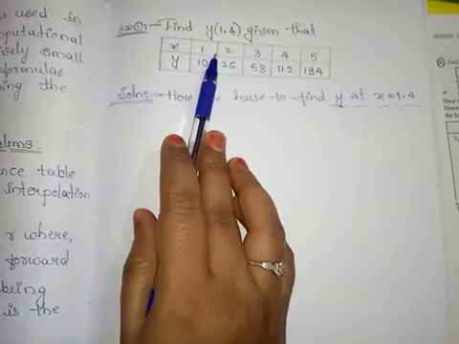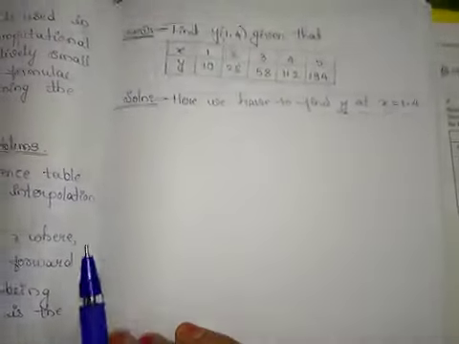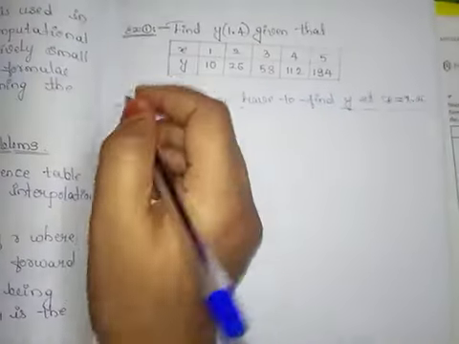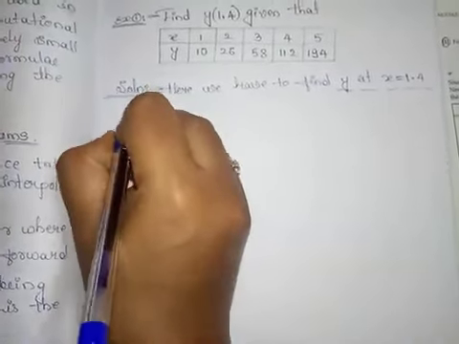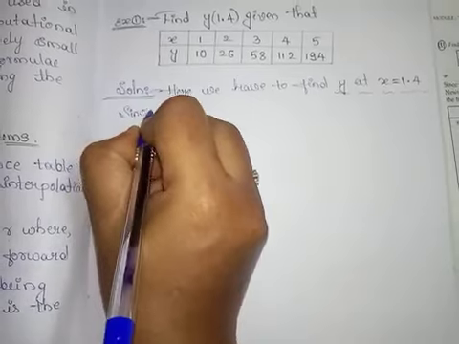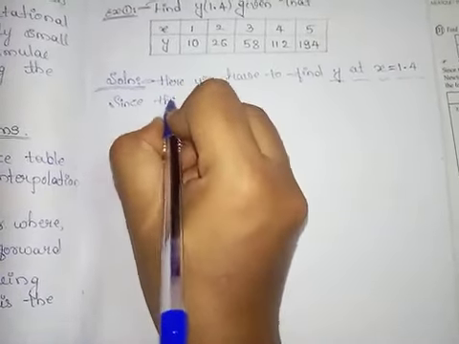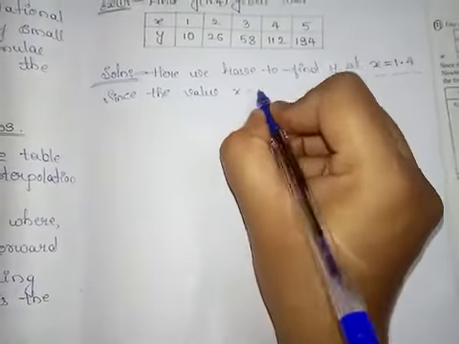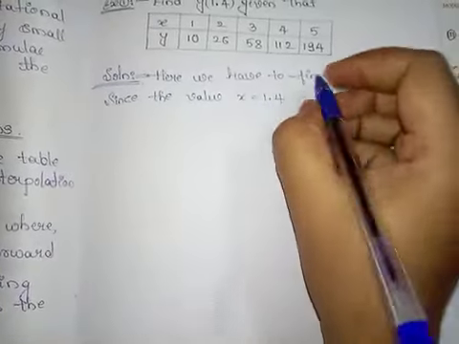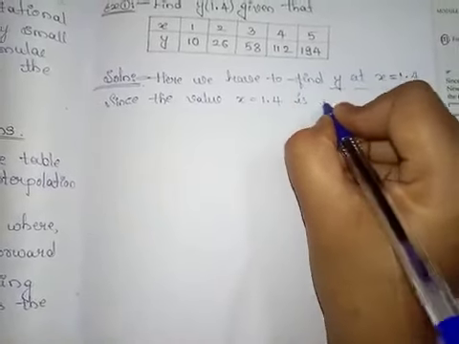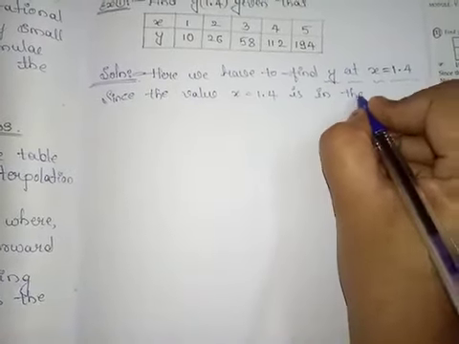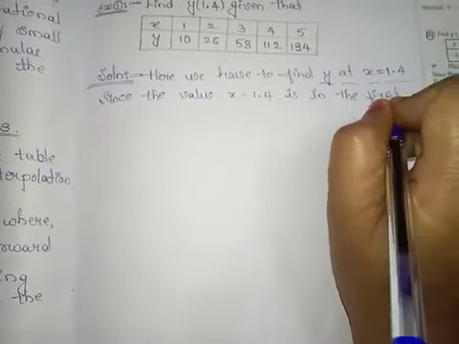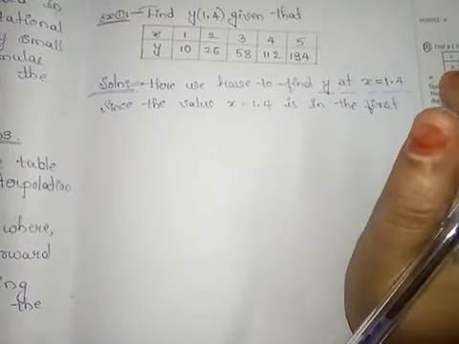If it lies in the first half, we have to use Newton's forward interpolation formula. We write here, since the value x = 1.4 is in the... Since this is the first example, I am writing like this; otherwise it is not necessary.